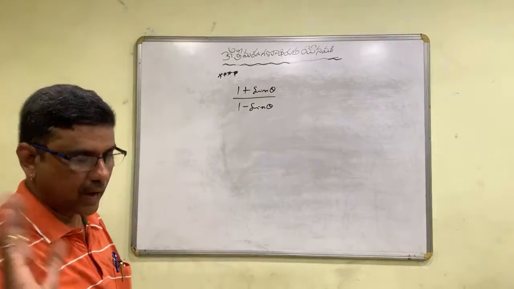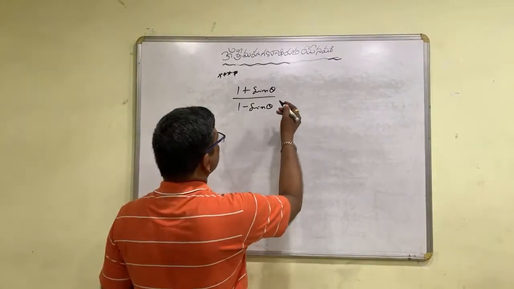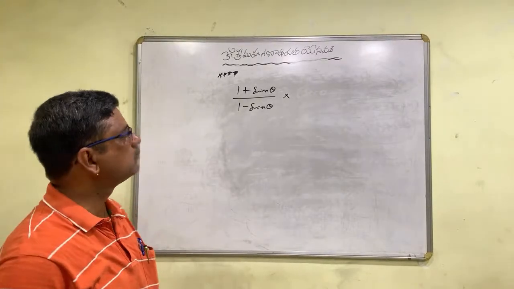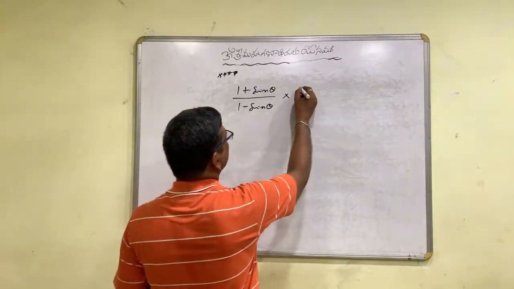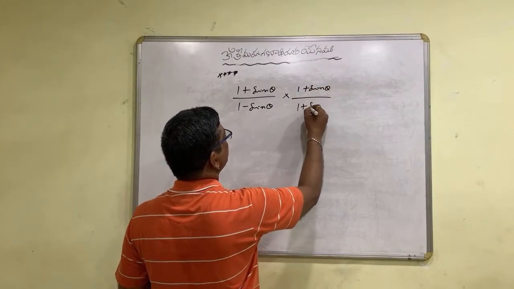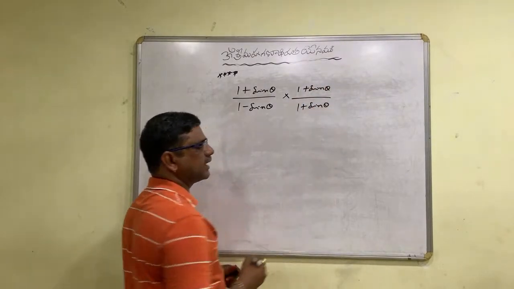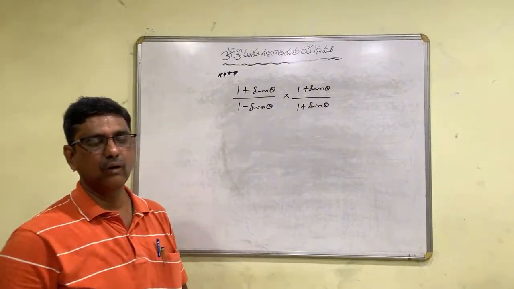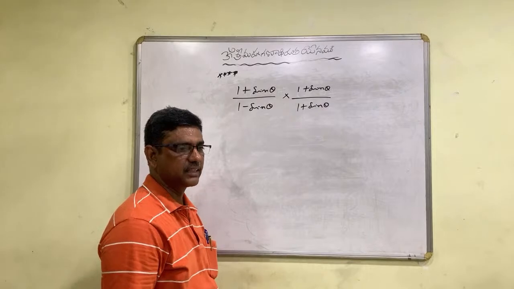Now see, I will multiply the numerator and denominator both with 1 plus sin theta. You say rationalize the denominator, but actually it is not rationalization, because we don't know what is 1 plus sin theta and what is 1 minus sin theta.